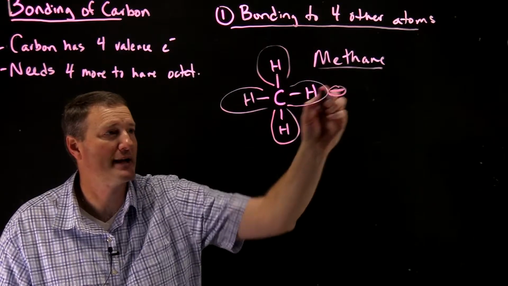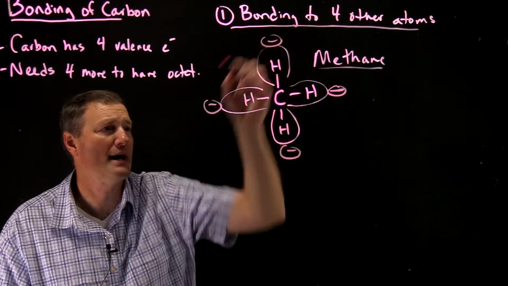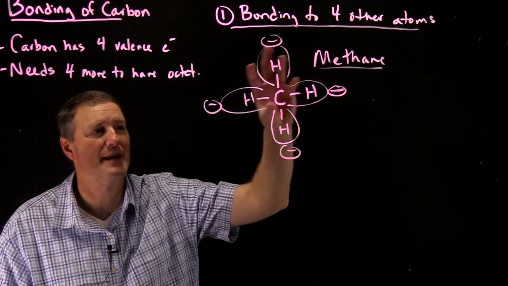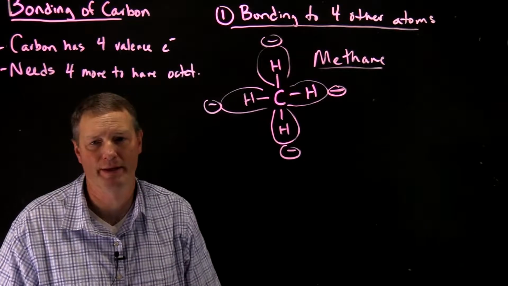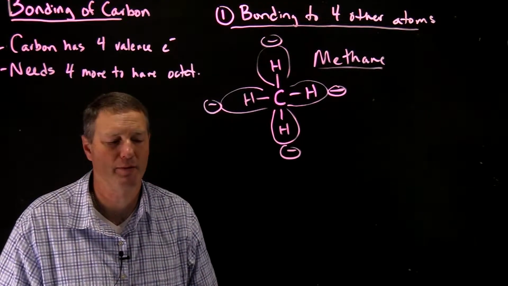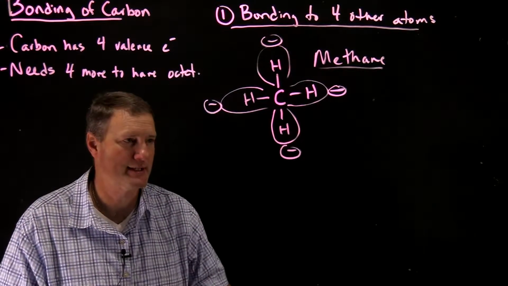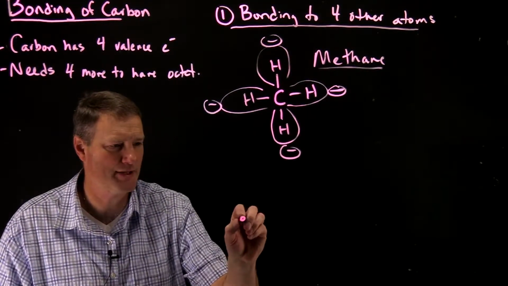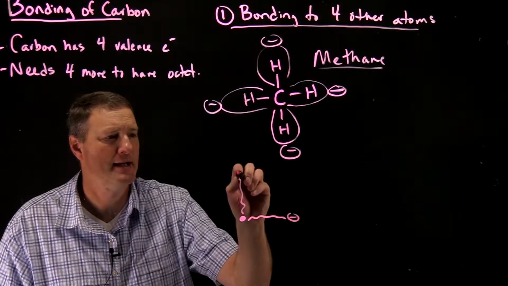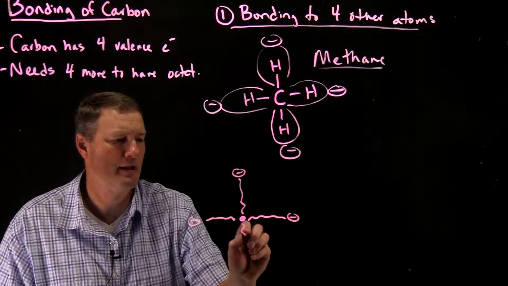So if we put sort of negative charges out here, one of the consequences of there being four areas of negative charge attached to this central carbon is it causes the shape of the bonds coming off the carbon to adopt a special shape. Another way to represent this would be just to have a central dot, and imagine having little strings attached to negative charges.